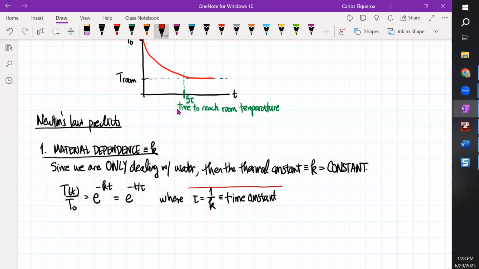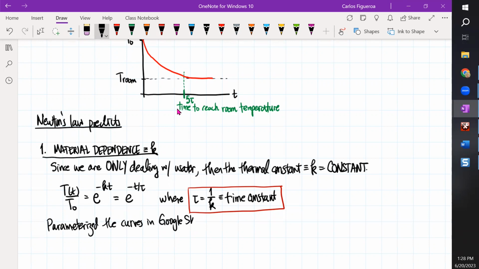So this is our time constant. So here we go. If you parameterize the curves in Google Sheets or, what's it called?